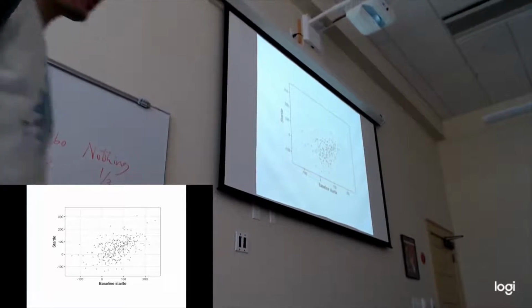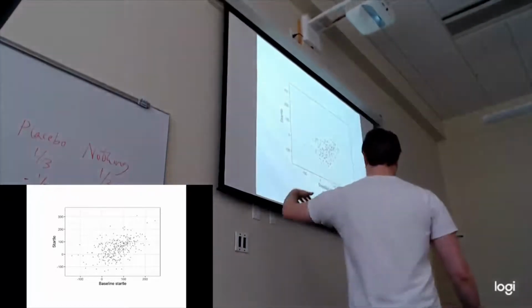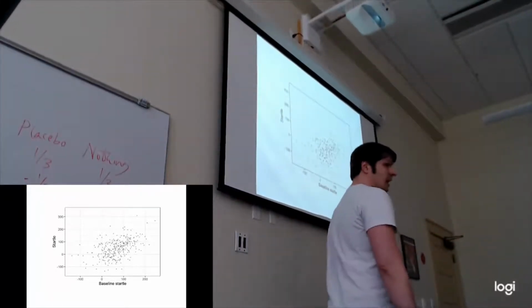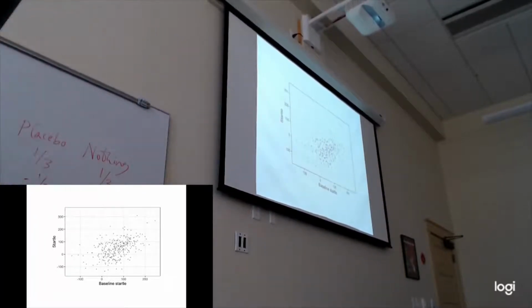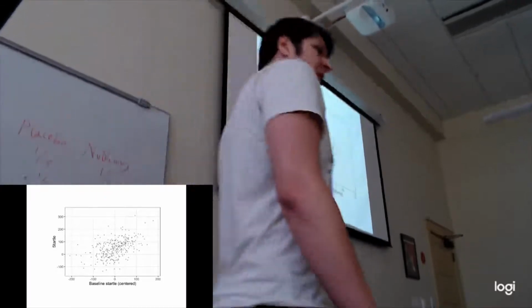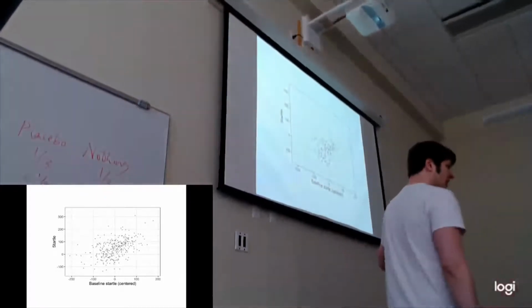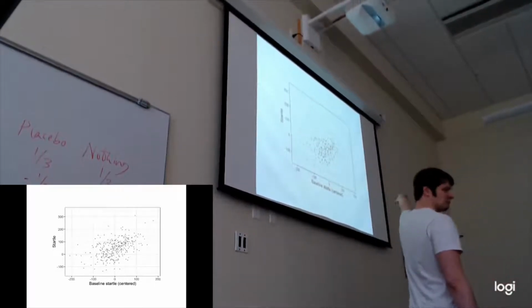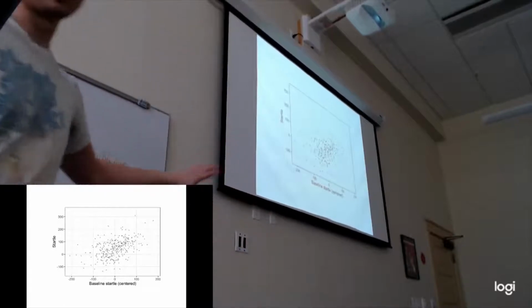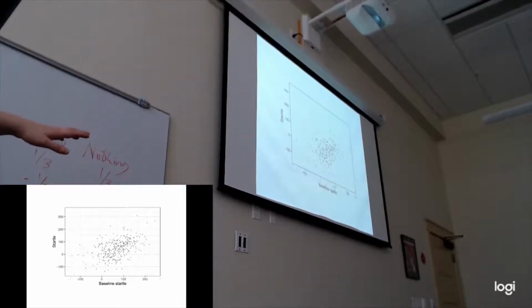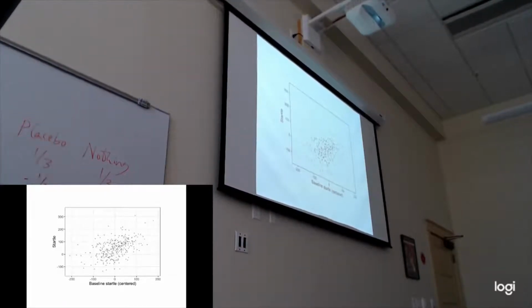For this graph, I've plotted baseline startle on the x-axis. I'm going to mean center it to better match the statistical model we did. So I've just shifted the axis. I hope you can see that. Same data, just shifting the axis.